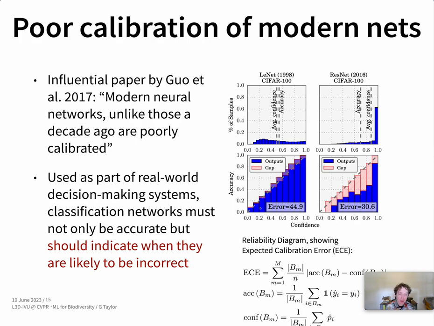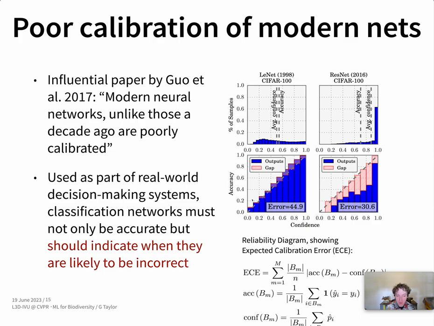And they measured this using something called a reliability diagram that shows the expected calibration error in bins. Each of these bins represents the predictions coming from the model that are between a certain confidence range. So these are the predictions that are highly confident, between 0.9 and 1.0, and these are the predictions where the model is not very confident, say between 0 and 0.1.